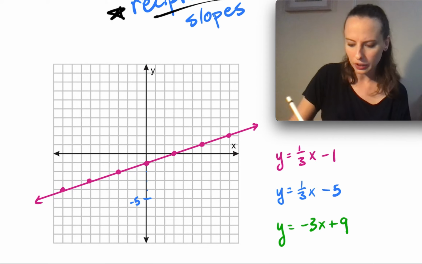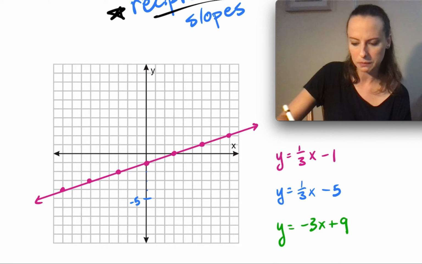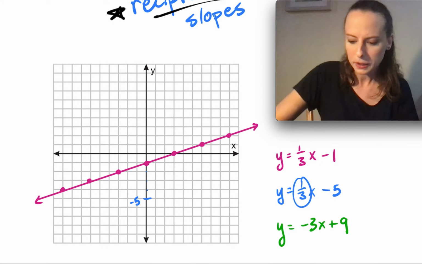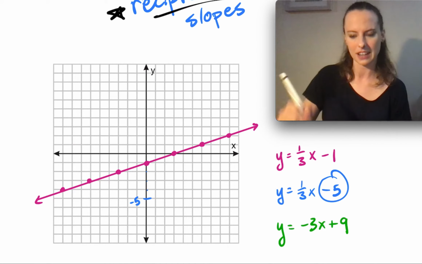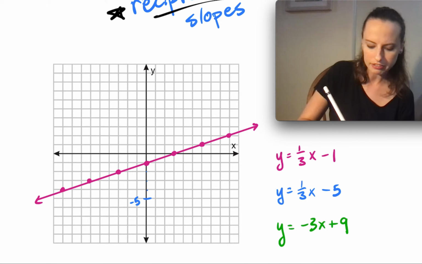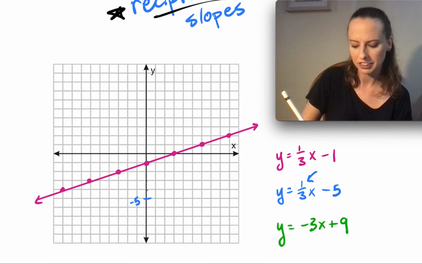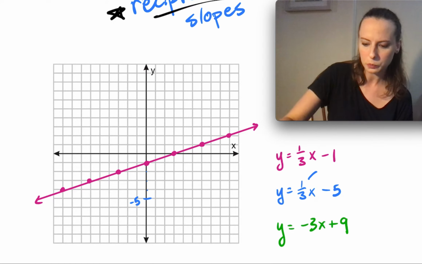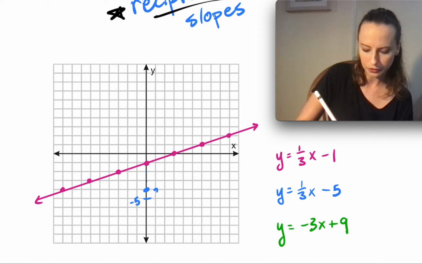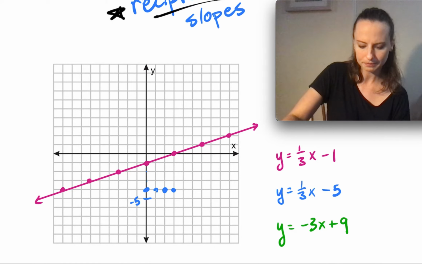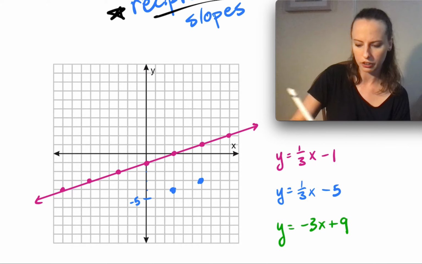Now, if I want to graph this next line in blue, notice that it has the same slope, but a different y-intercept. Now we're starting at -5, but we're still counting rise over run 1/3. So I'm going to rise 1 and then run 3 and make a point. So up 1/3. And there's my next point, up 1/3 again, there's my next point, up 1/3.